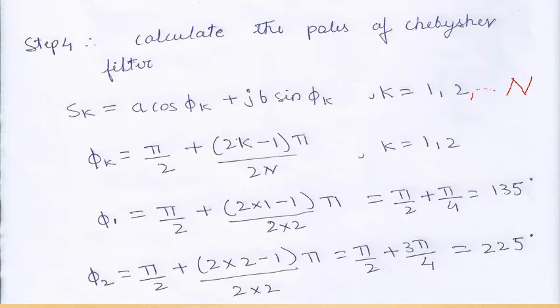The poles of a Chebyshev filter are denoted by Sk, and given as A cos phi k plus jB sine of phi k, where k takes a value from 1 to n, and phi k is given by pi divided by 2 plus (2k minus 1) into pi divided by 2n.